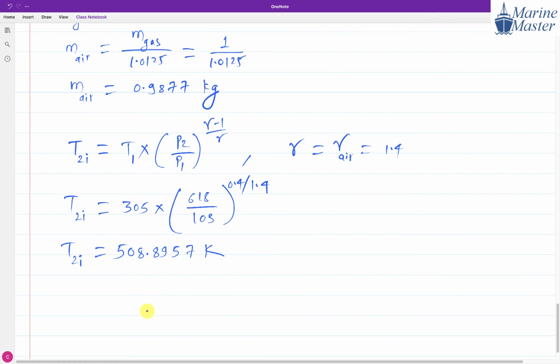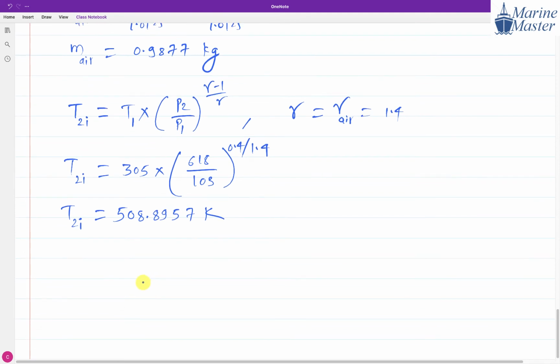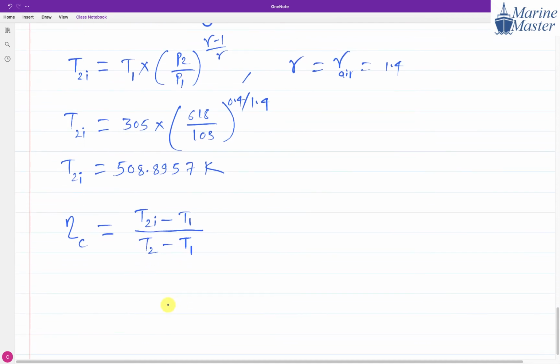Now after writing down this discussion of T2I, the next point is the isentropic efficiency of compressor. And what is the relation we have seen? T2I minus T1 divided by T2 minus T1. And the isentropic efficiency of compressor we have is 0.83, T2I is 508.8957, T1 is 305.